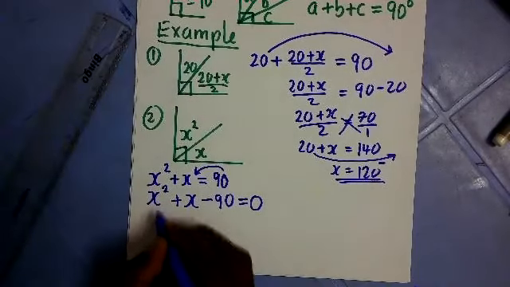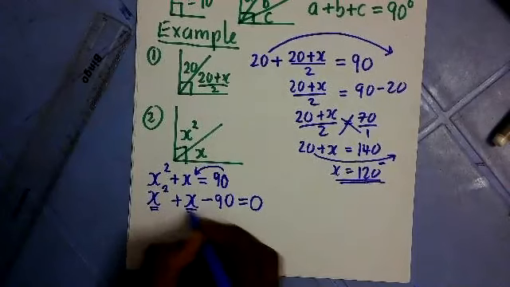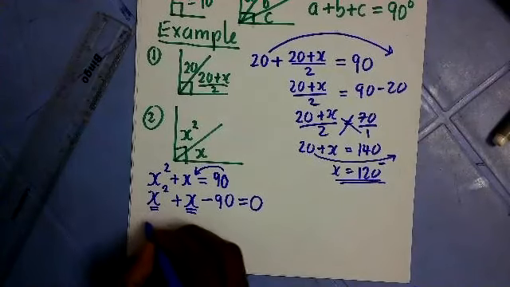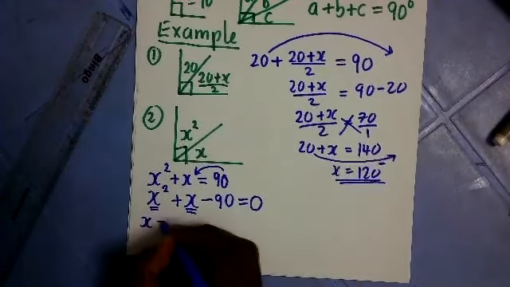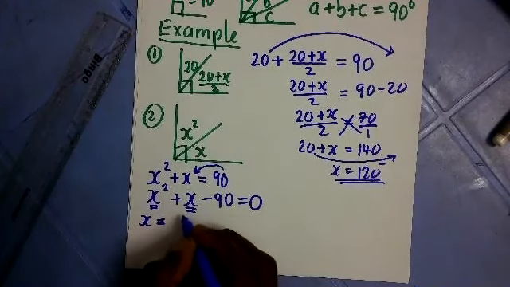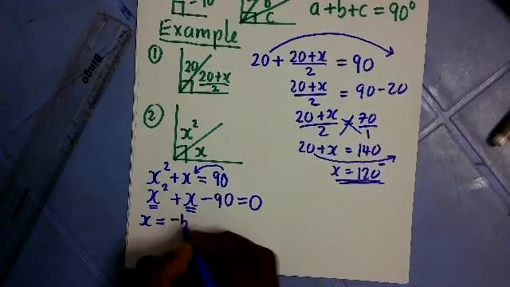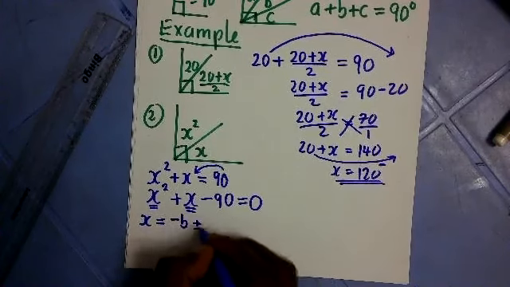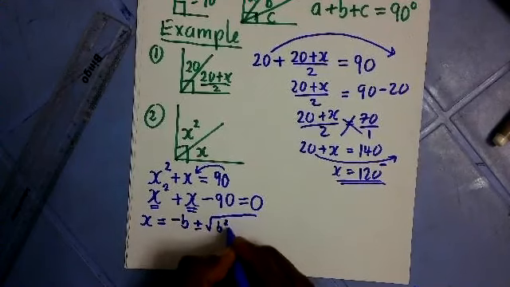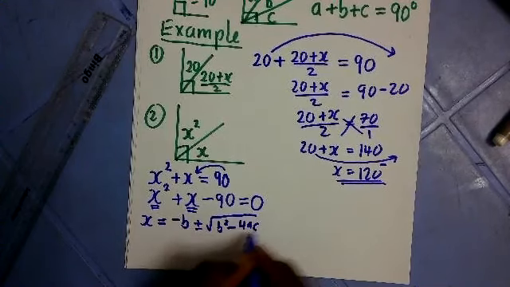So what is the formula? First of all, you check what is your unknown. Once you get to know your unknown, you go straight to your formula and you say x is equal to, remember any formula has to start with an equal sign. So you check the unknown, x is equal to minus b plus or minus square root of b squared minus 4ac.